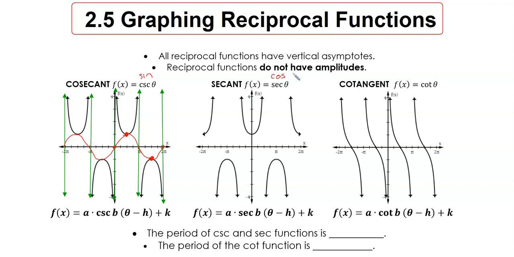Same thing with my secant graph. My secant graph is the reciprocal of cosine. So my cosine graph starts at 1, then we hit the midline, then we hit -1, then we're back to the midline, then we go back to 1. So right here, this is my cosine graph, of just the cosine of theta.